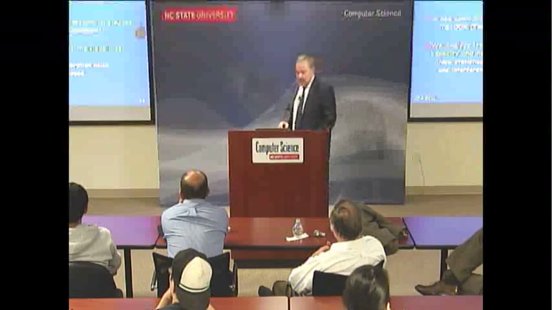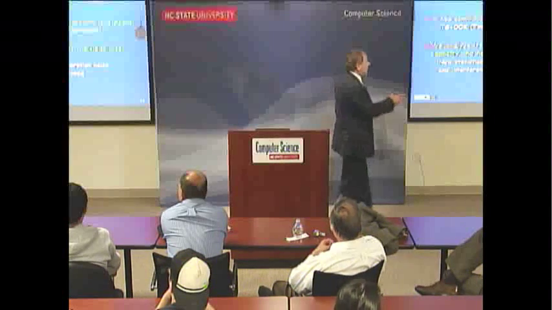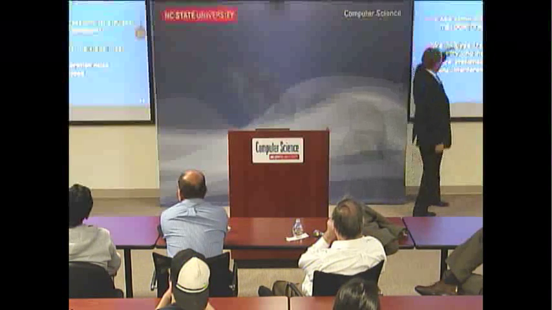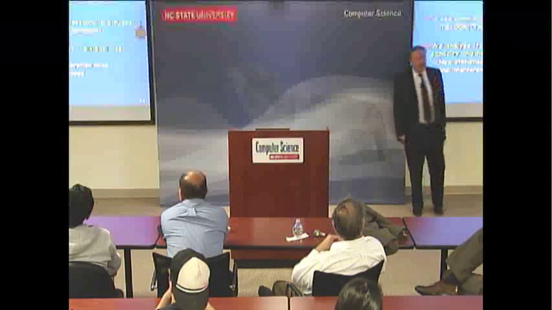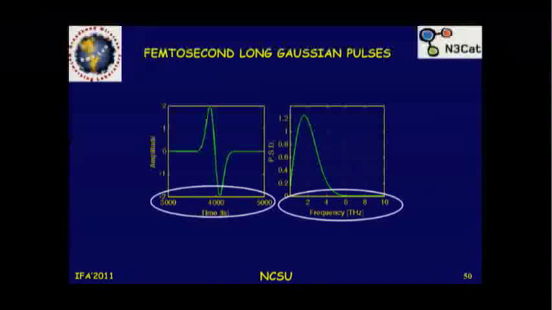We have this idea called femtosecond-long pulses. So we send femtosecond-long pulses using this time spread on-off keying mechanism. And then we have these studies that we did. Here you can see, in the time domain and the frequency domain, these femtosecond-long pulses.